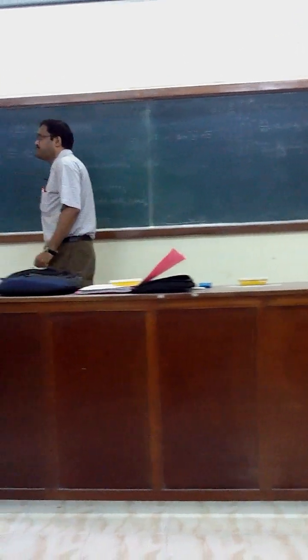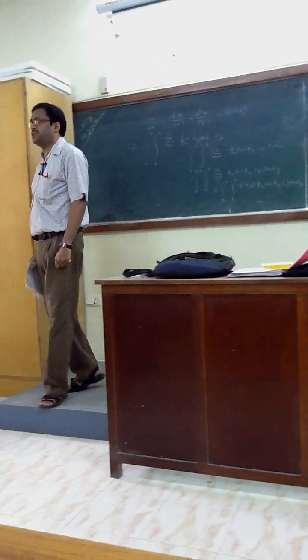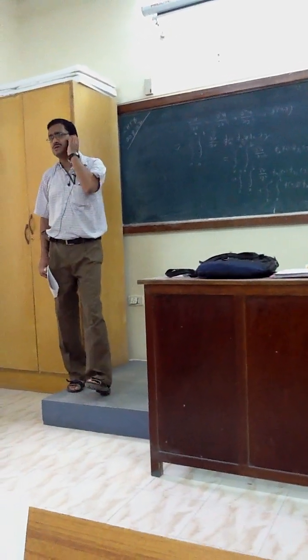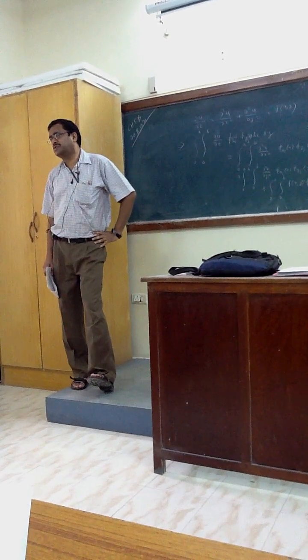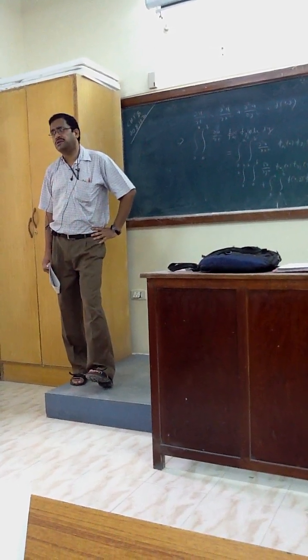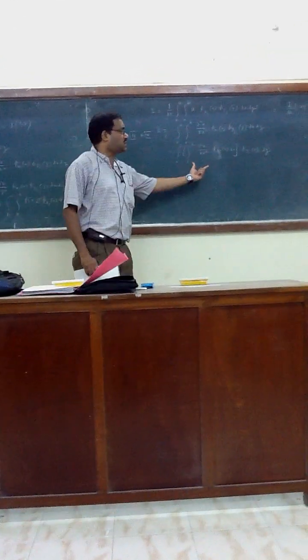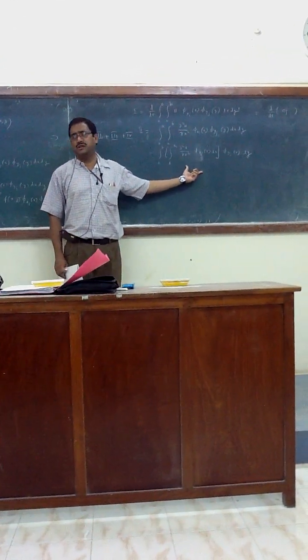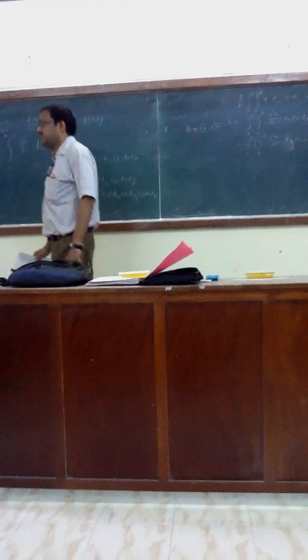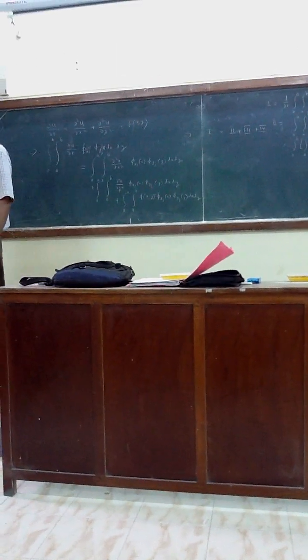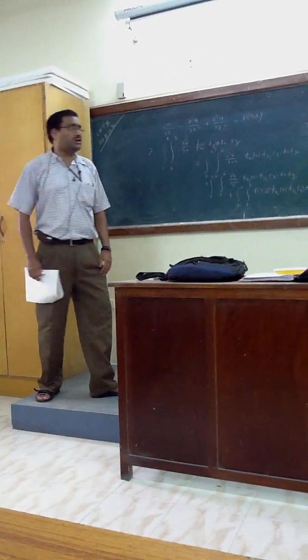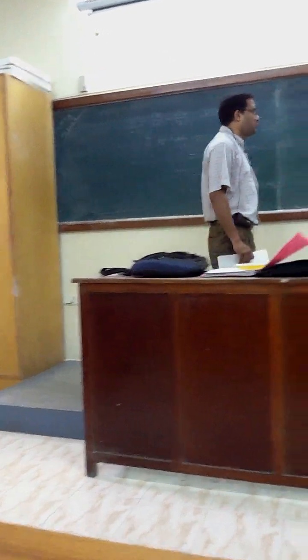Can I write x separately as a double integral? We have done this in BTech first year mathematics. Can I write it? Yes or no? Yes. This part you do integration by parts, like d by dx of uv. What is that? v du by dx equals d by dx of uv minus u dv by dx. You find out what is your u, what is your v. This type of thing you have done so many times.